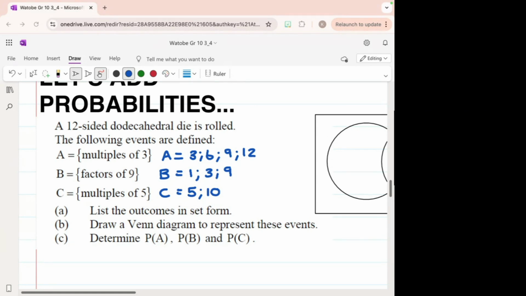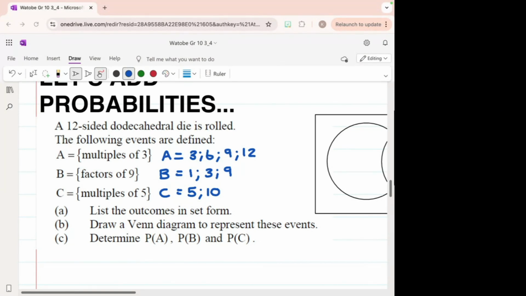All right, so draw a Venn diagram to represent these events.